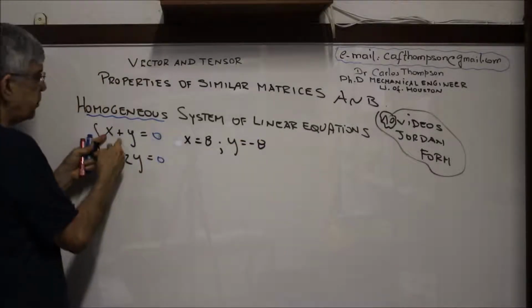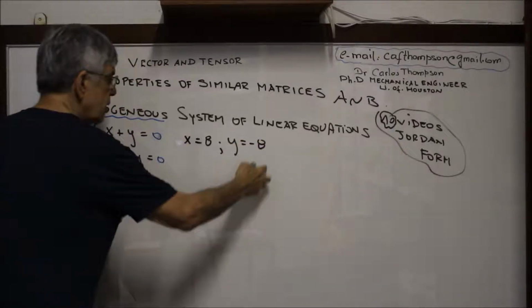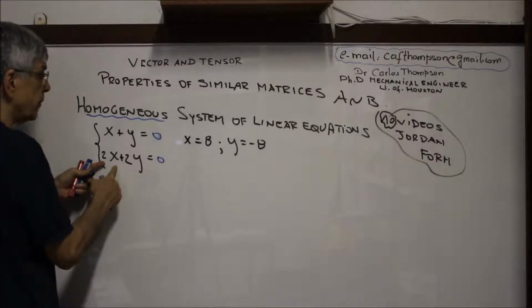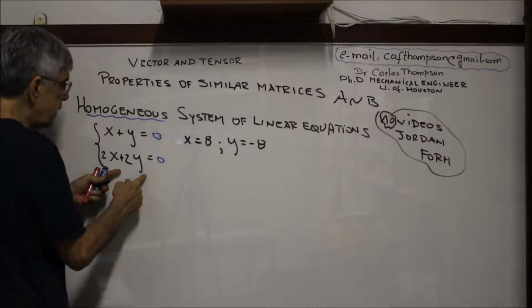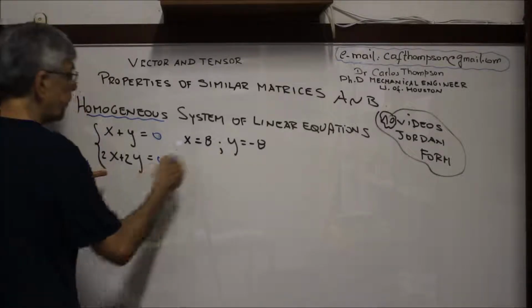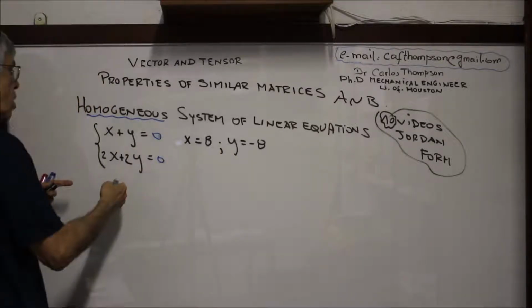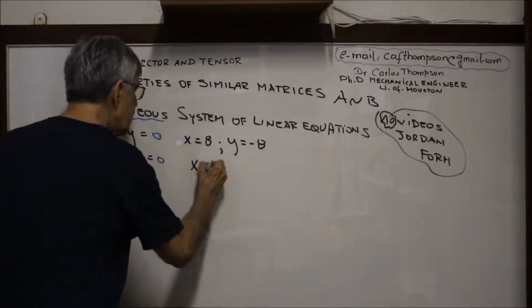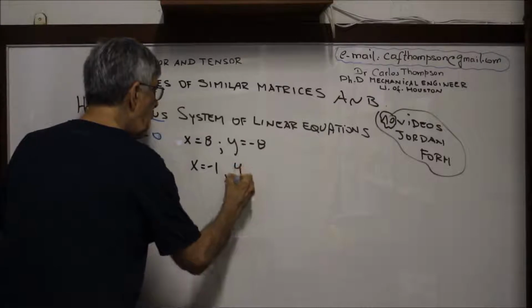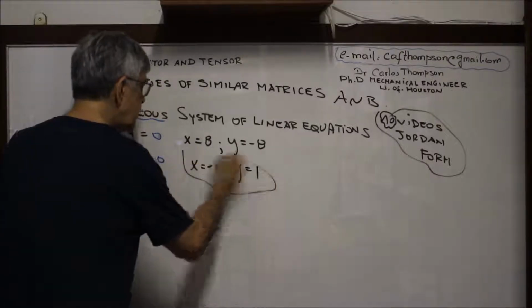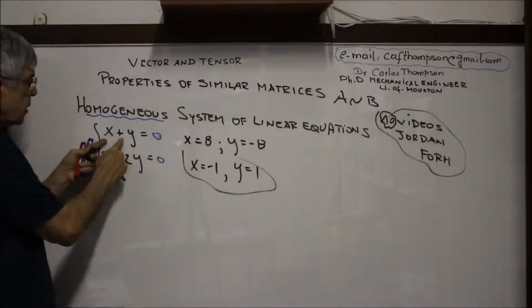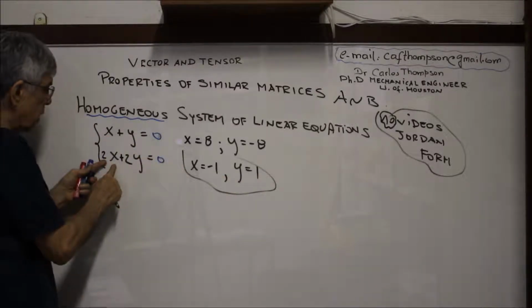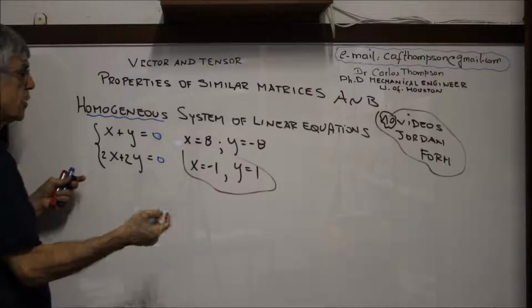You see, 8 plus minus 8 is 0. Let's substitute here: 2 times 8 is 16, 2 times minus 8 is minus 16. This solution also satisfies both equations. Let's put x equal to minus 1, y equal to 1. Minus 1 plus 1 is 0. Here, 2 times minus 1 plus 2 times 1 is also 0.